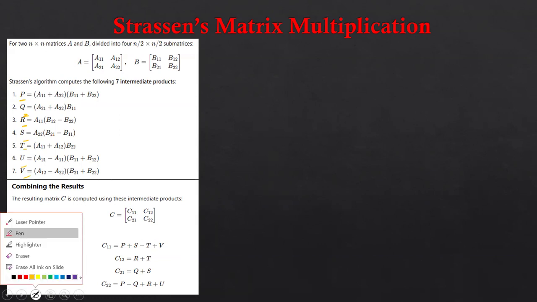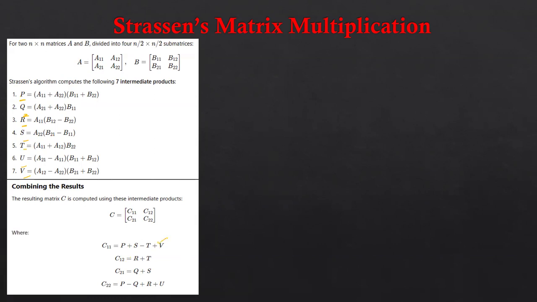Here this is C11, this is C12, this is C21, this is C22. Let us check whether they give correct results or not. Randomly, I am taking the A matrix as 1, 2, 3, 4 and the B matrix as 1, 1, 2, 2.